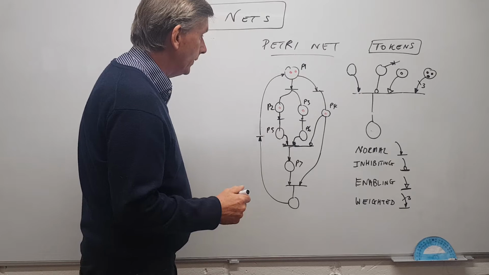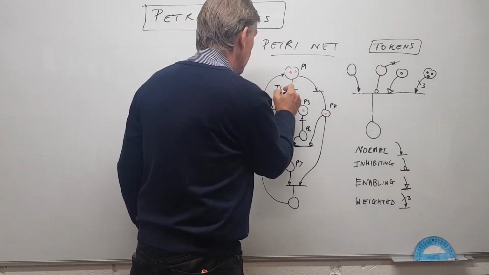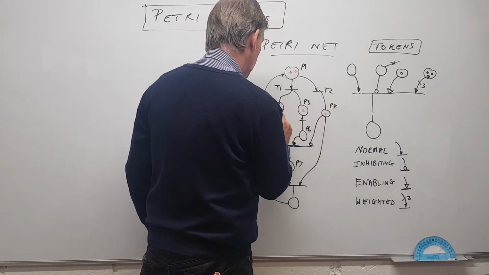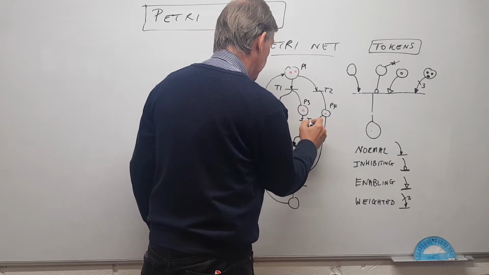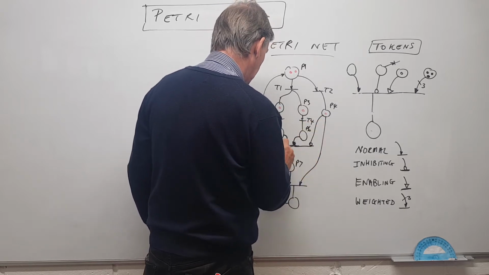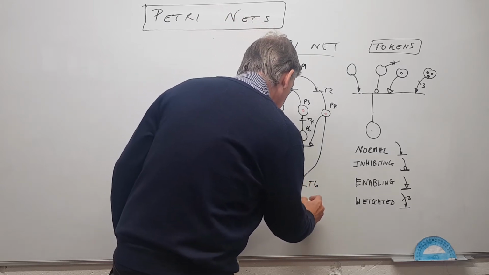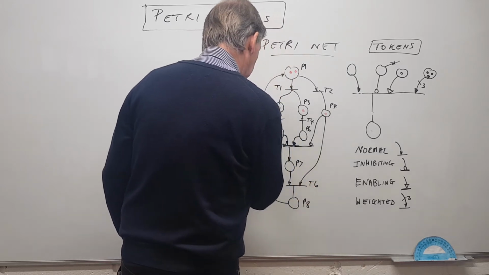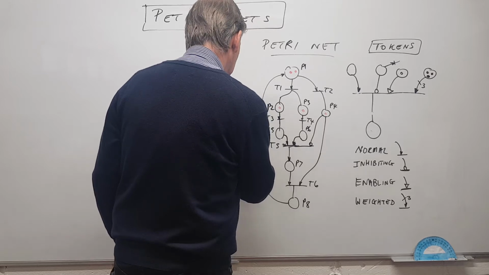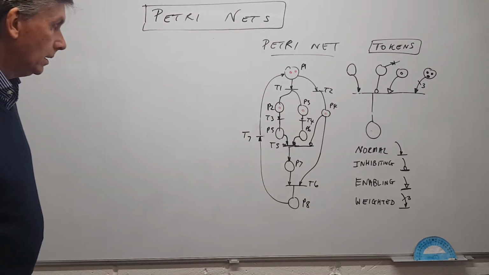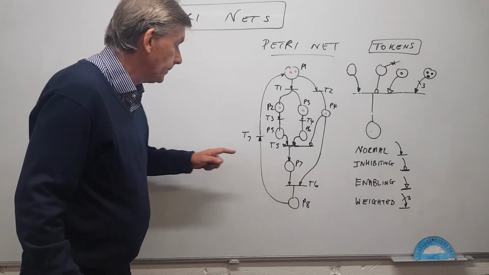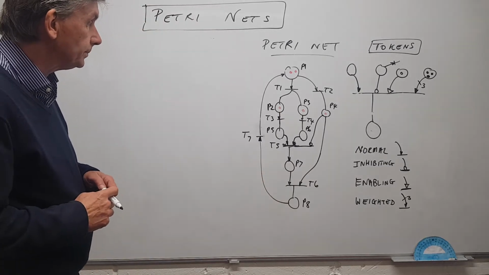And then the transitions are marked up as well, say T1, T2, T3, T4, T5, T6, and that'll be P8 there, won't it? And that'll be T7. So there are all our places and transitions.